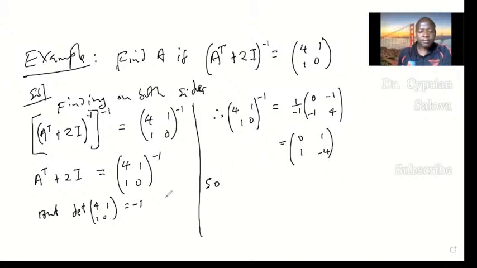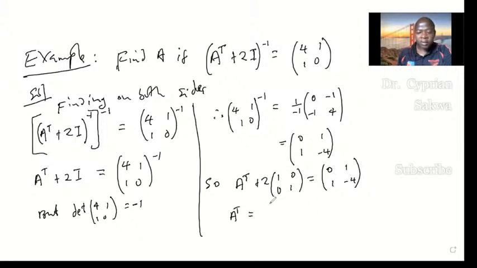So what I now have is A transpose plus 2I, but what is I? I is 1, 0, 0, 1, and this equals 0, 1, 1, negative 4. So what is A transpose? I take this to the other side of the equal sign, so it will be this minus this. Multiplying I through by 2 gives 2, 2 on the diagonal and 0 elsewhere, and taking it to the other side it becomes negative.